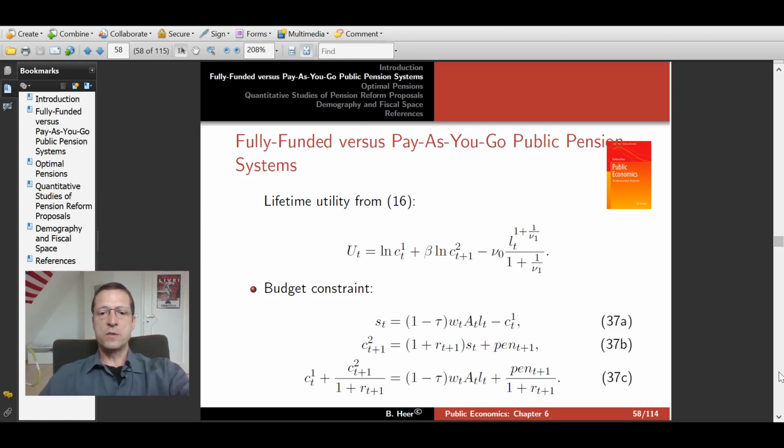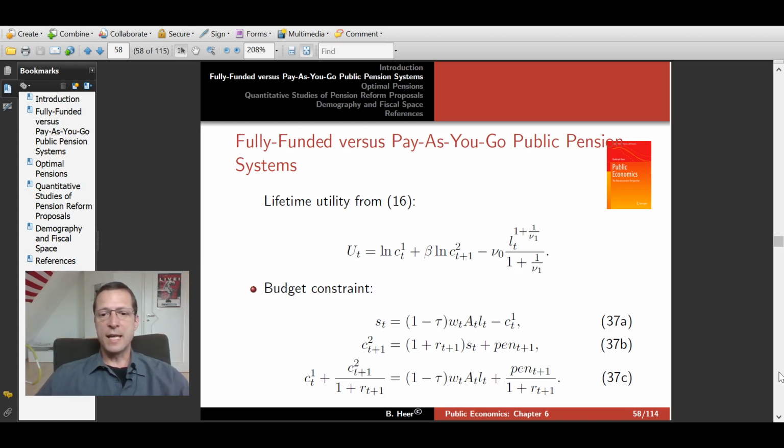The budget constraints are familiar to you from Chapter 3. So w_t denotes the wage per efficiency unit, and we work efficiency units A_t L_t for each household. We can also interpret w_t A_t, the product of these two variables, as the wage per hour.